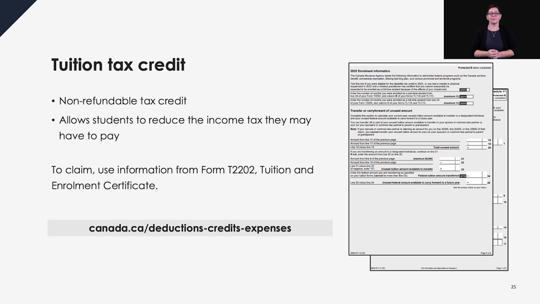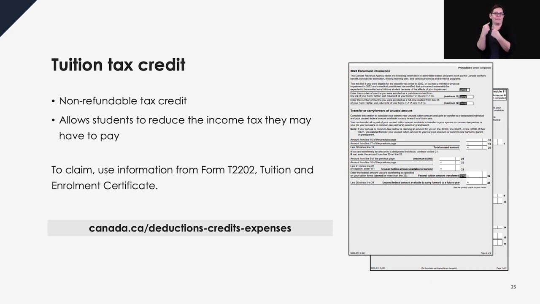If you are a resident or deemed resident of Canada, you may be eligible to claim some tax credits on your tax return. These tax credits reduce any income tax you may have to pay. However, if the total of these credits is more than your federal income tax, you will not get a refund for the difference.